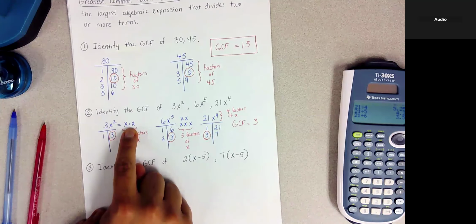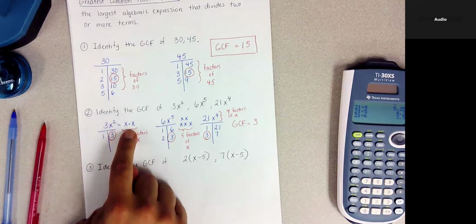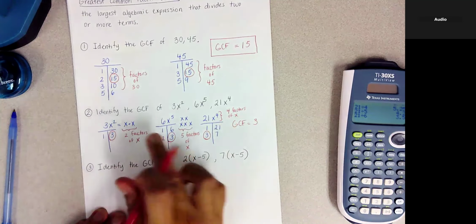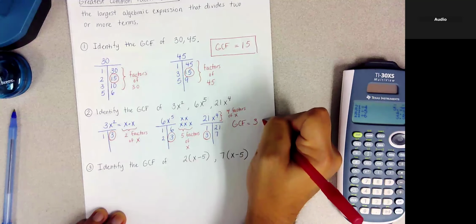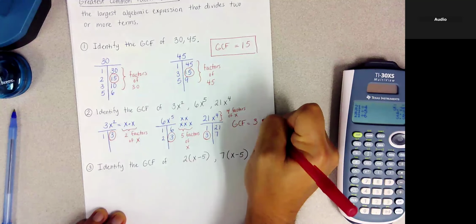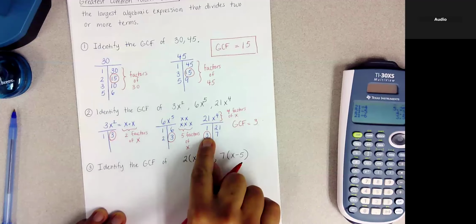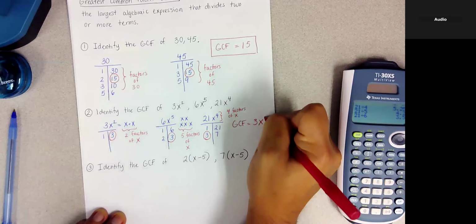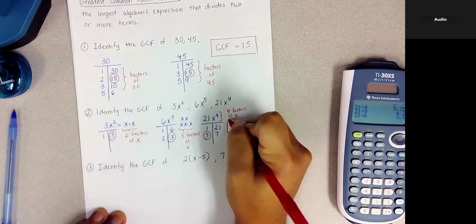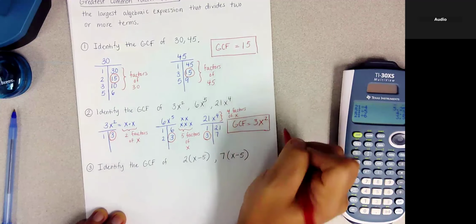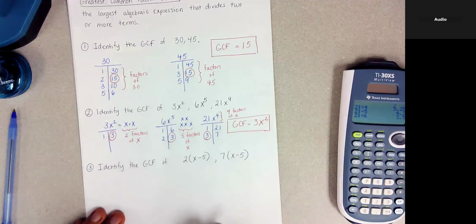I cannot take 5 x's from there. I can only take 2. Okay, so the most number of x's that you can take from each of these 3 terms is 2. And so the GCF is going to be that numeric part, which is a 3, and then x to the 2nd power. The GCF here will be 3x squared. Okay.